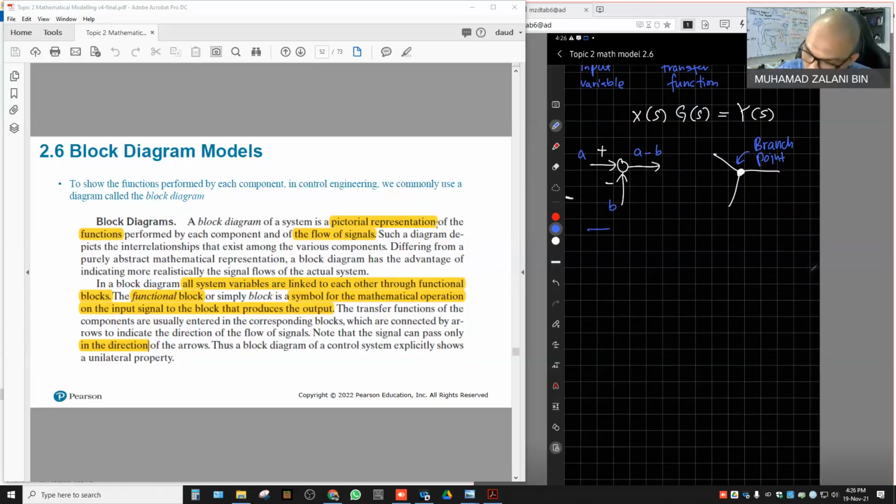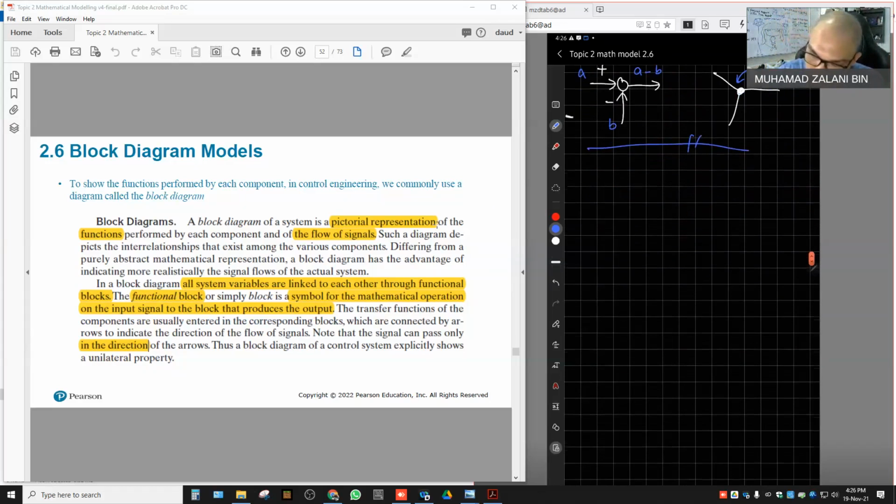Let me write down here the procedure that we can follow for drawing a block diagram.